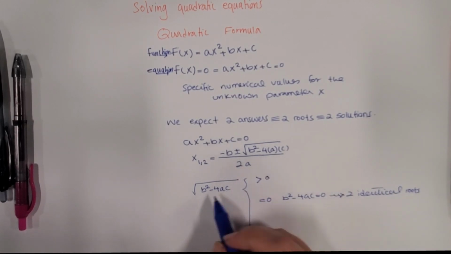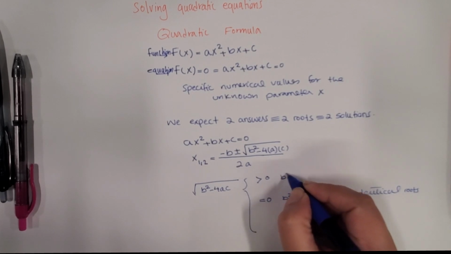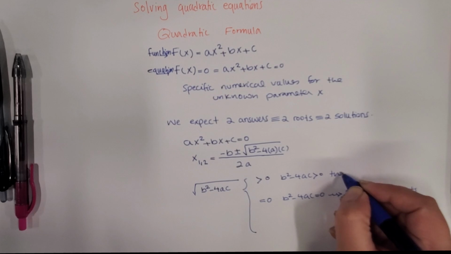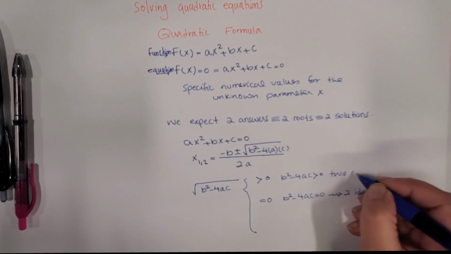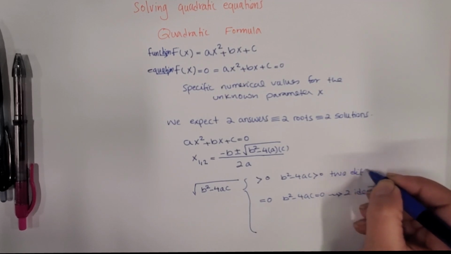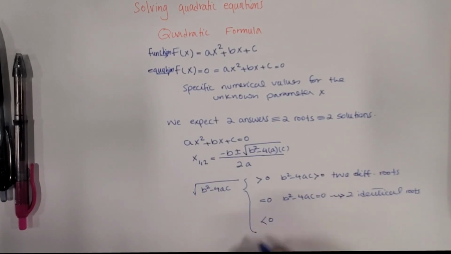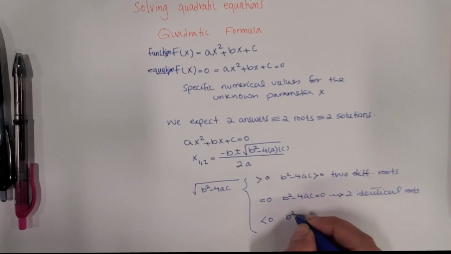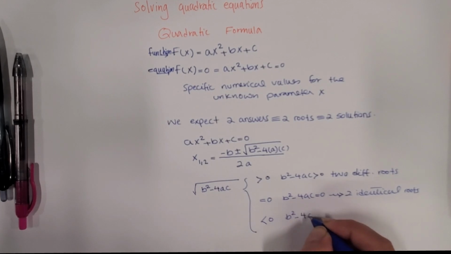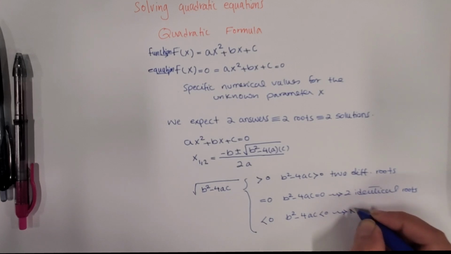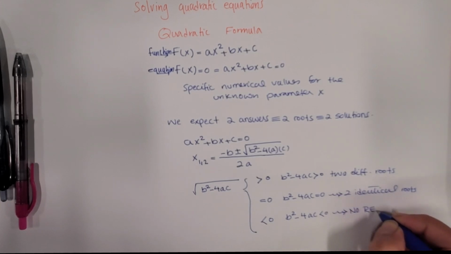But if under the radical it's greater than 0, then we would have two different roots. But it could also turn out to be negative. So in that case, b to the power 2 minus 4 times ac is less than 0. In this case, there would be no real roots.